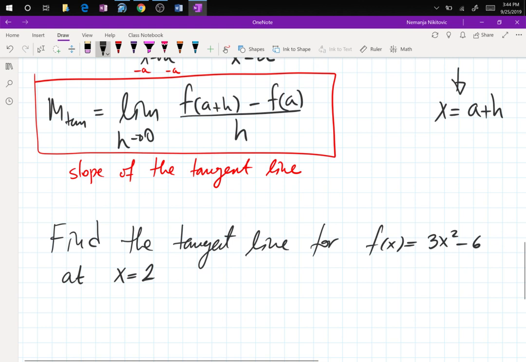Oh, sorry. Yeah, find the slope of the tangent line. We are going to find the full line later, but we're just going to focus on the slope for 2 seconds. So find the slope of the tangent line for f of x equals 3x squared minus 6 at x equals 2.